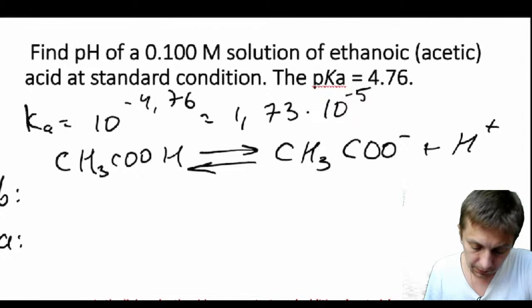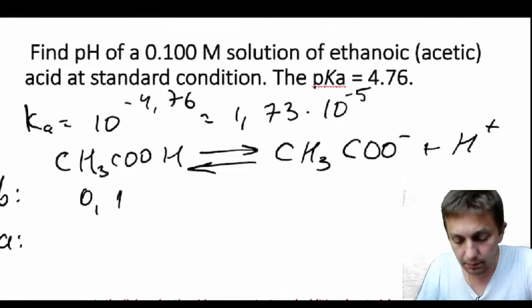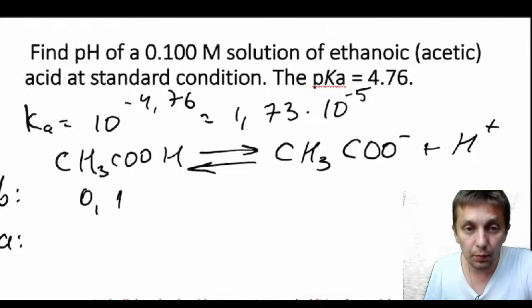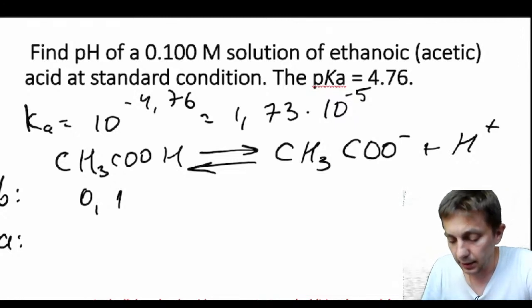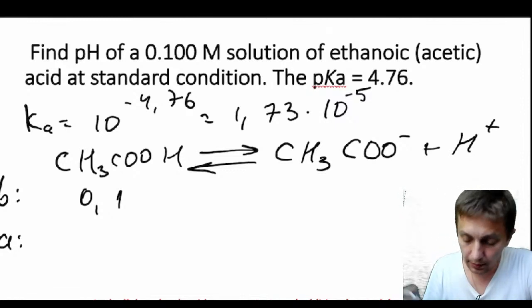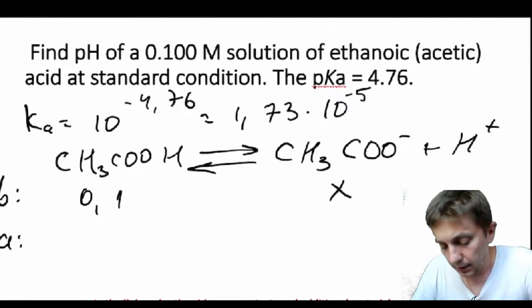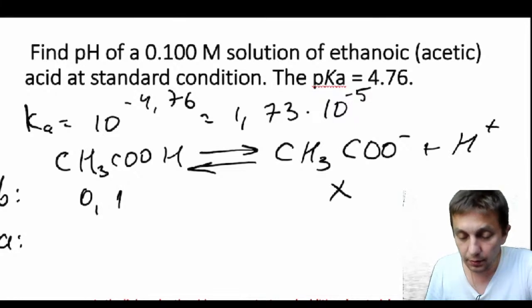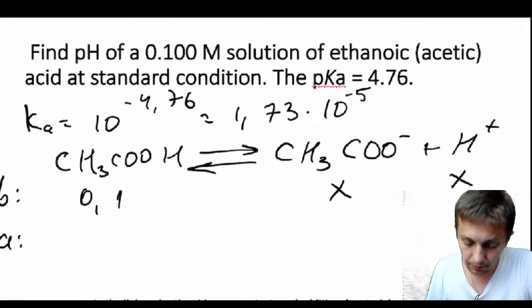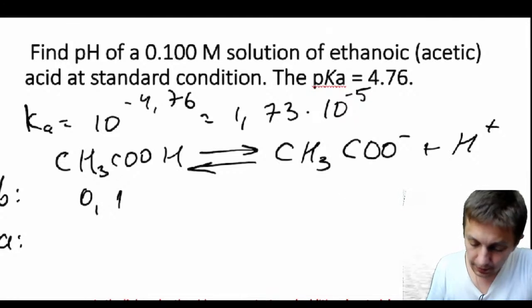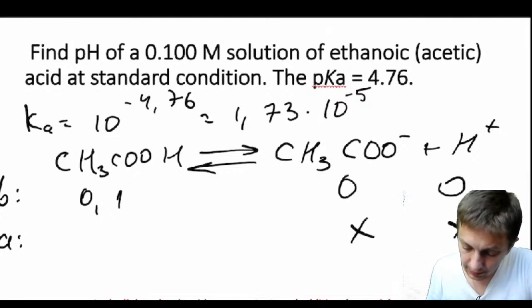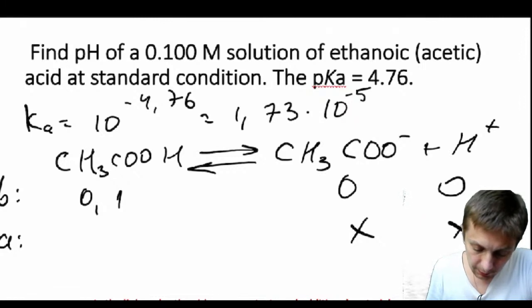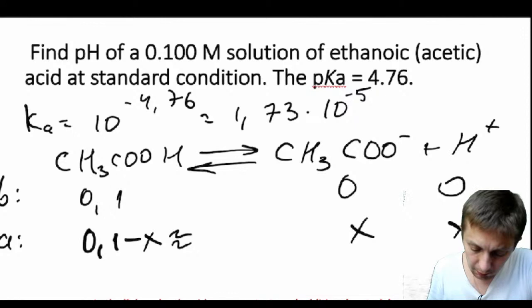Before dissociation, we have 0.1 acid and no CH3COO minus and no H plus ions, so we can use X. According to the dissociation equation, the ratio of anions and cations is 1 by 1, so we get X and X, and we are left with 0.1 minus X, which is almost 0.1.